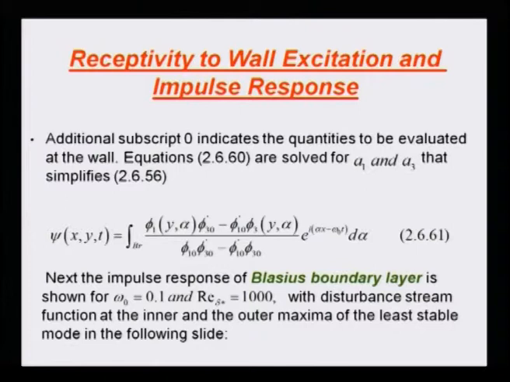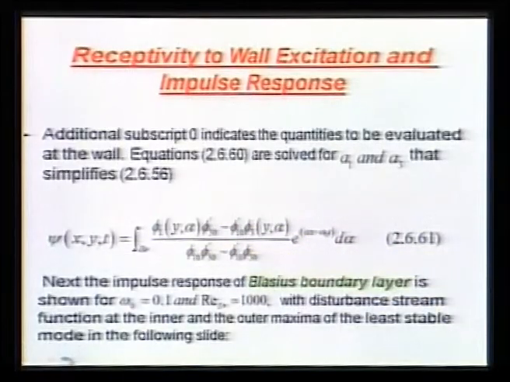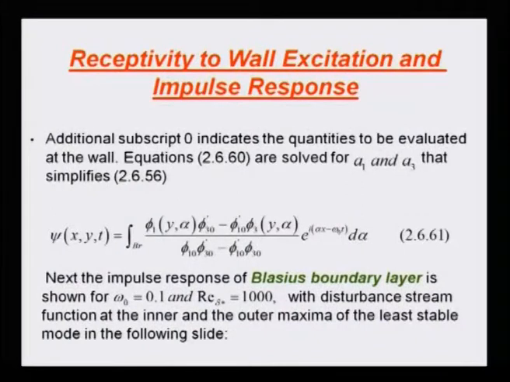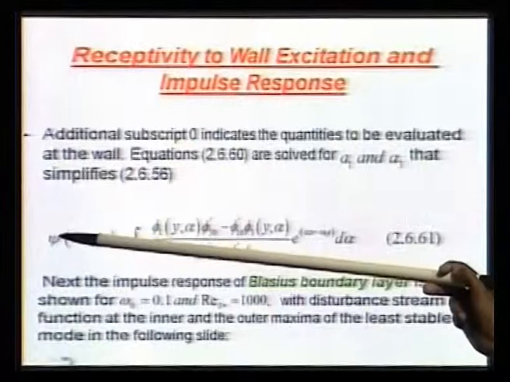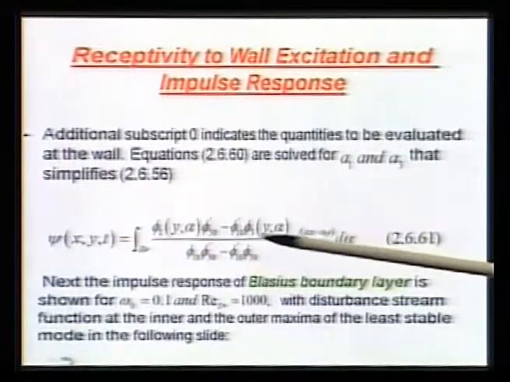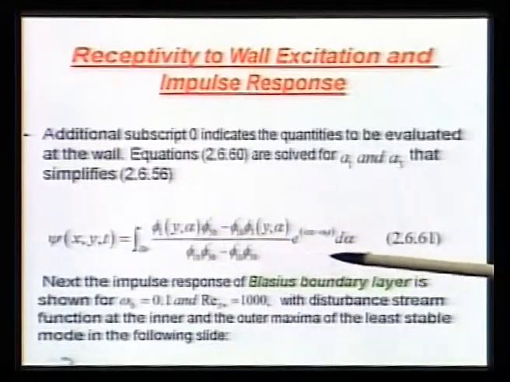Now, what have we done here? Instead of writing V, I have written in terms of psi. It is the same thing. You can see the one-to-one correspondence between the V velocity and the psi component, because if I take psi like this, V will be d psi dx. So, that will be simply nothing but i alpha multiplying this phi.